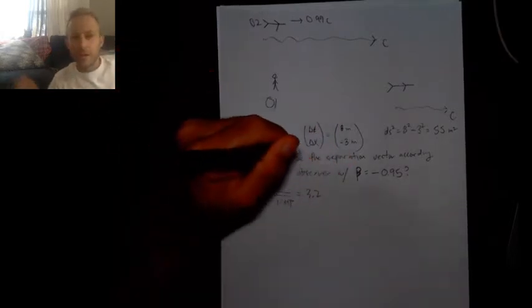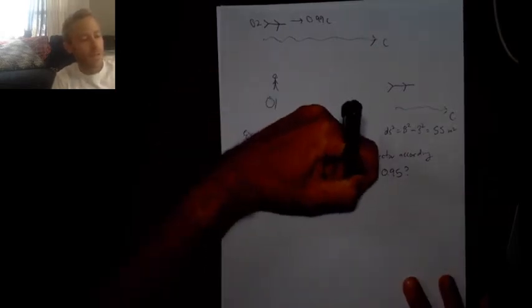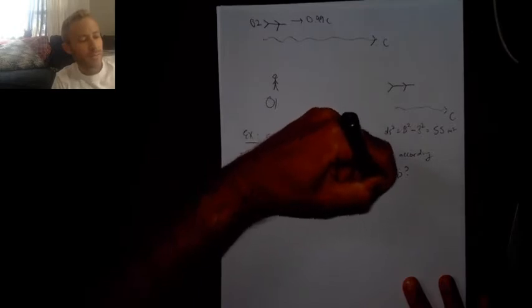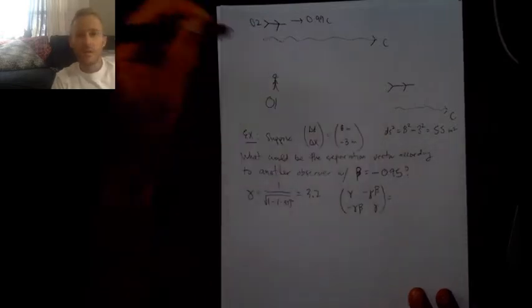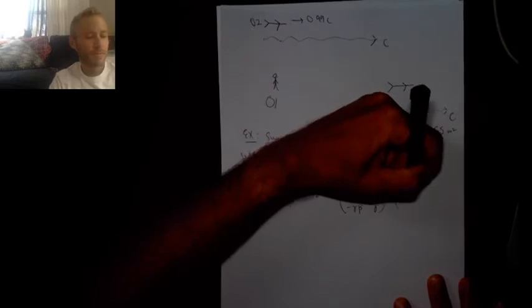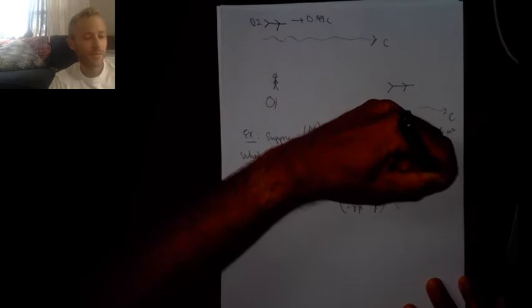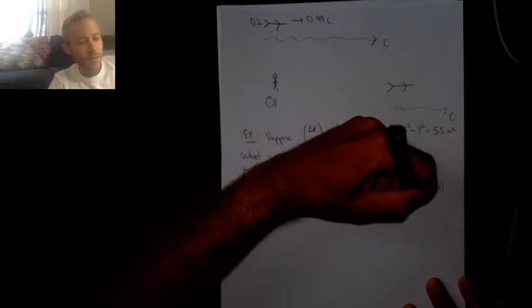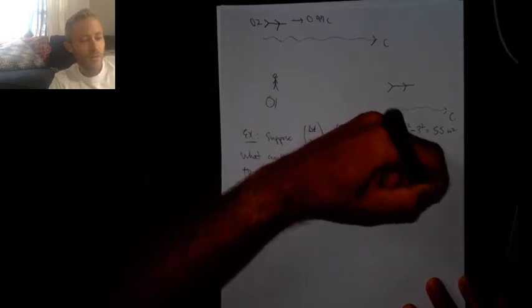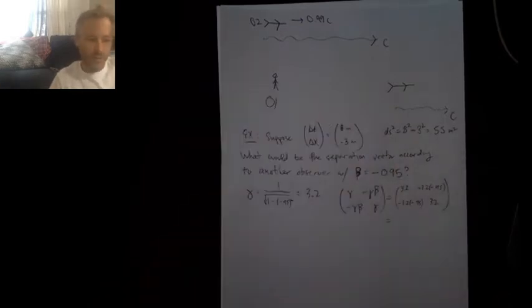So the Lorentz transformation matrix is gamma, minus gamma beta, minus gamma beta, gamma. This is going to be 3.2, minus 3.2 times minus 0.95, minus 3.2 times minus 0.95, 3.2. So that's our Lorentz transformation matrix.